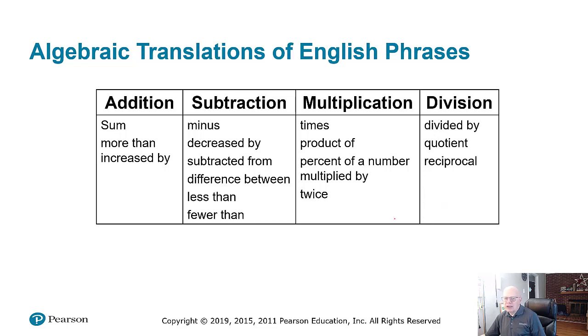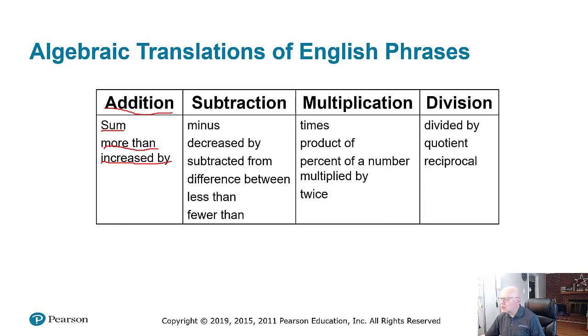Here's something you might take a screenshot of. Here's some phrases, some words that represent different operations. For example, addition would be represented by the word sum, or more than, because you'll take x plus 25, for example, or increased by would be like x plus 25. Similar things for subtraction, using words like minus, decrease, subtracted, and so on.